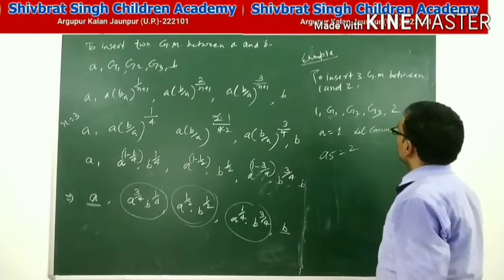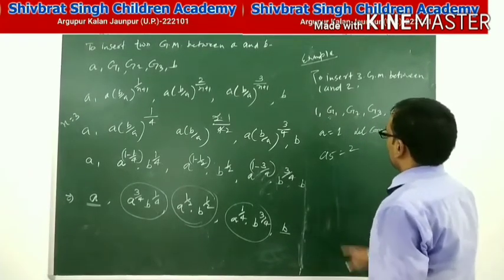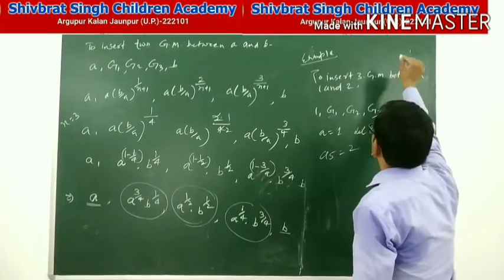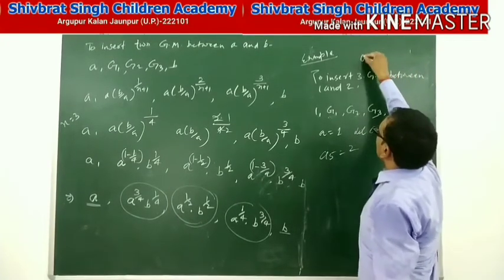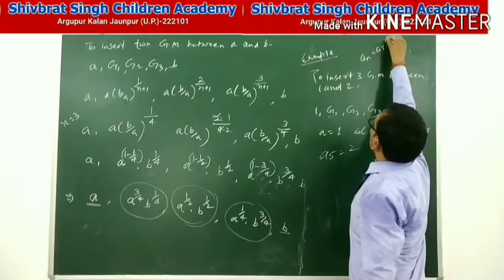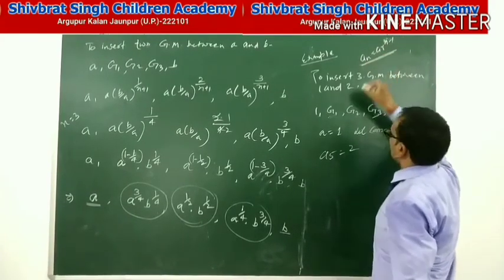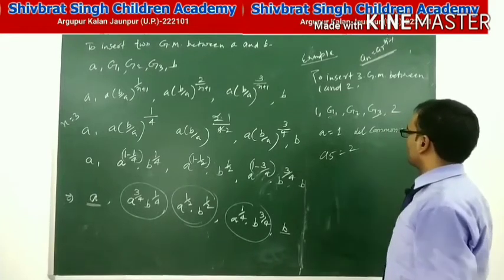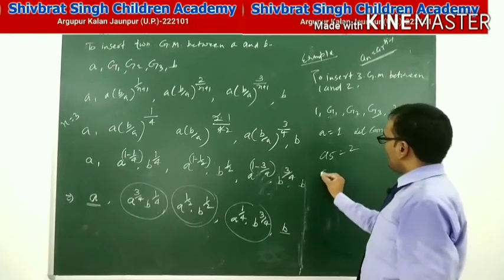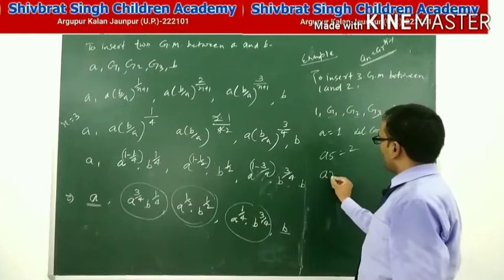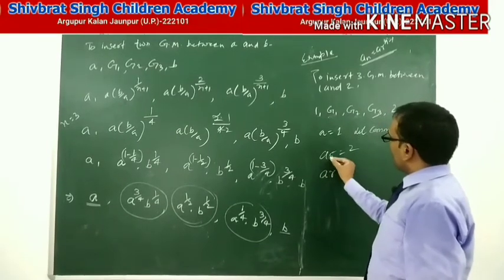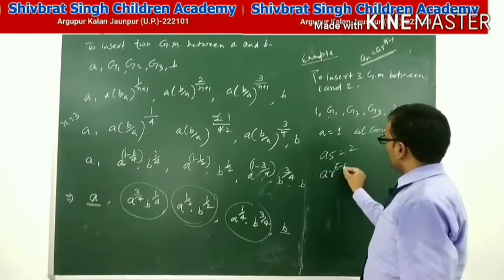Here the fifth term of this geometric sequence, an equal to a r to the power n minus 1. Using this formula we find a5. Here first term is a, so a r to the power 5 minus 1 equal to 2.